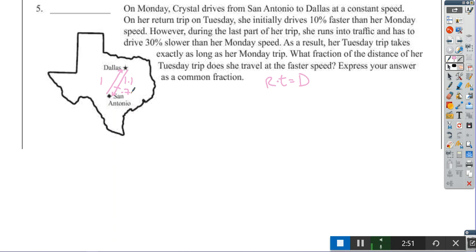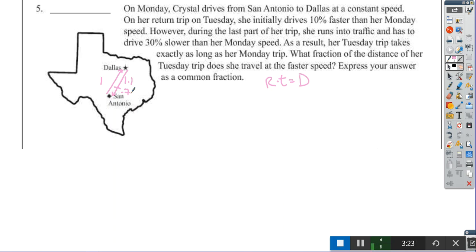So what I need to do, and we'll come back to this rate times time equals distance, is know what fraction of the time she was traveling at the fast speed and what fraction of time she was traveling at the slow speed. Well, that may seem ridiculous or tough, but there's a nice way of doing this.